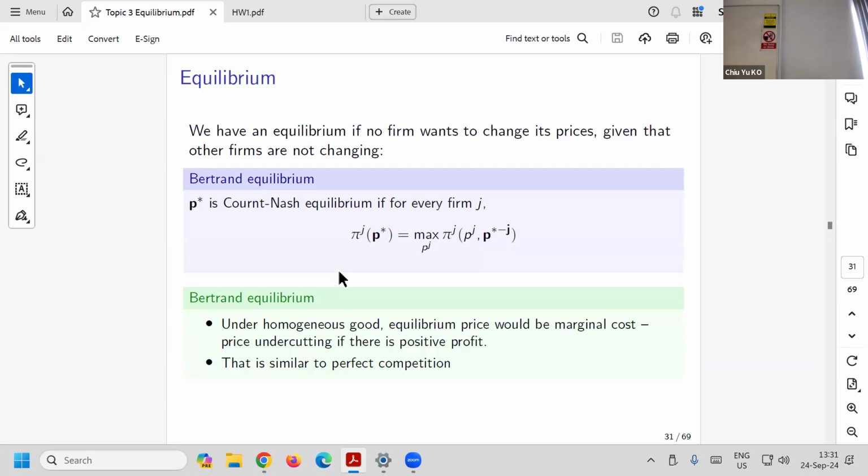Okay, and it turns out, not surprisingly, as probably you know from undergrad principles classes, that even with two firms, or however many firms you have, the only possible outcome is price equal to marginal cost, c. What a surprising result, right?